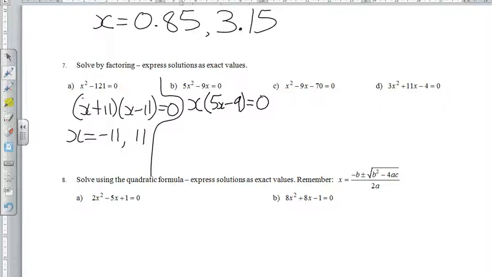The previous one has a minus sign and square roots. This thing has no square roots, so this is common factor. Which means that either x equals 0 or 5x minus 9 is equal to 0. So 5x is equal to 9 and x is equal to 9/5.